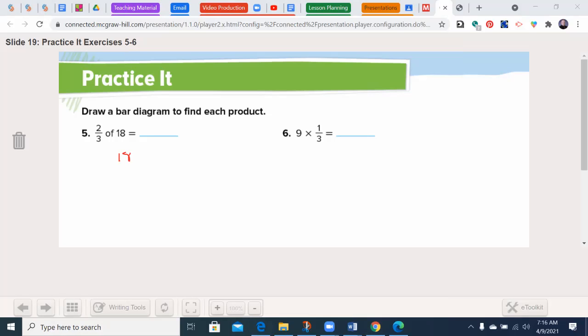And that means each box is going to have 6. And I need 2 of them. 6 plus 6 is 12. 9 times 1/3. So that means each section will have 3. And I only need one of those sections, which means 3.